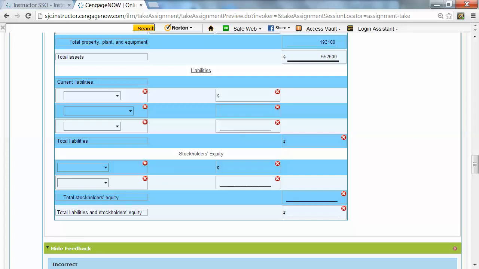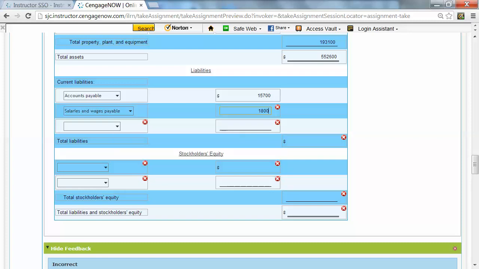The next thing I need to do is the liabilities and stockholders' equity section. I'm going to list all of this, and then we'll do our addition later. I'm going to list the accounts payable, which is 15,700. And I have my salaries and wages payable, $1,800.